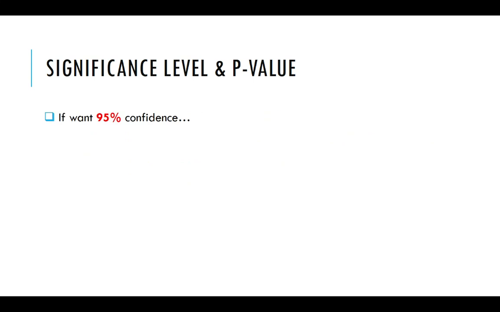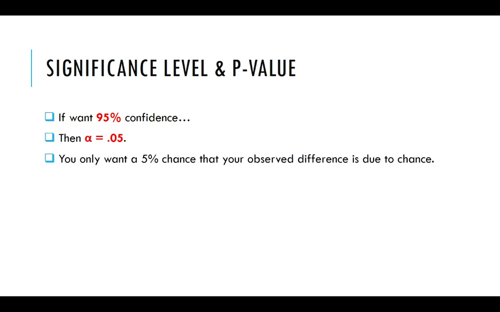This means if I want to be 95% confident, which remember means I have an alpha of 0.05, that means I'm saying I only want a 5% chance that the observed difference is simply due to chance. I'm willing to only gamble 5%, right? I want to be 95% confidence. I only want to limit my risk to only 5%, that I get it wrong, right?